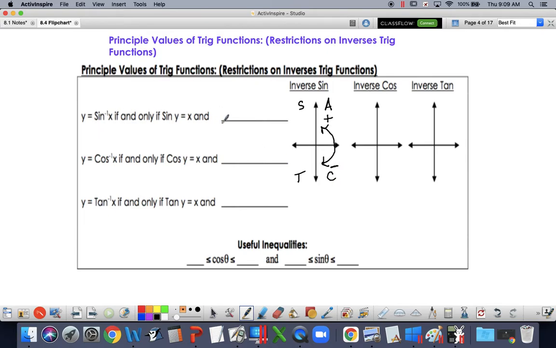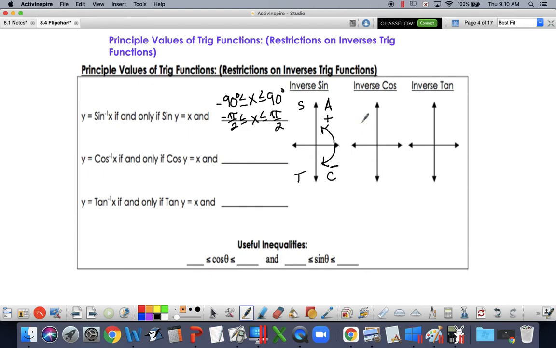So my restrictions for the sine values is going to be between -90 and positive 90 degrees. Or if you want to think of it in radians, -pi/2 to pi/2 radians. So that is where we're going to restrict sine.